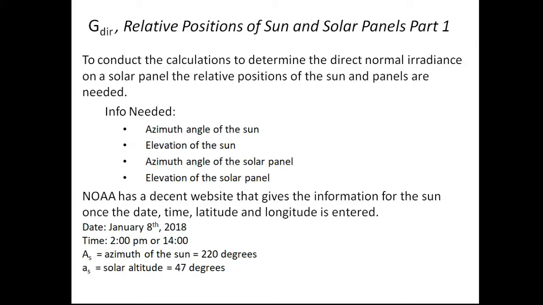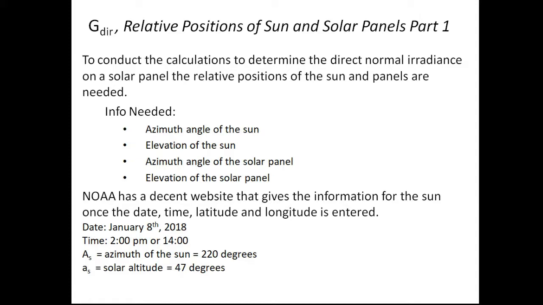The NOAA website has decent information on this, and I used their website. I cross-checked with another, it was close, so let's just go with their figures. The date of reference was the 8th of January 2018, when these tests were done, at 2 p.m., 1400 military time. The azimuth angle of the sun, AS, was 220 degrees according to them.